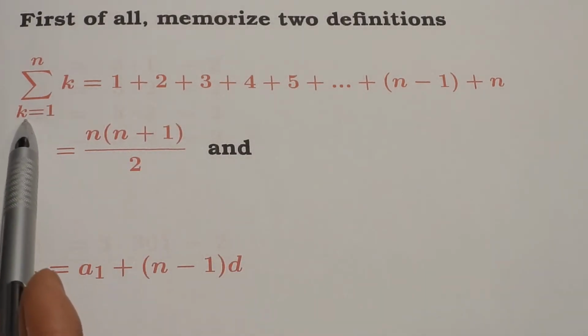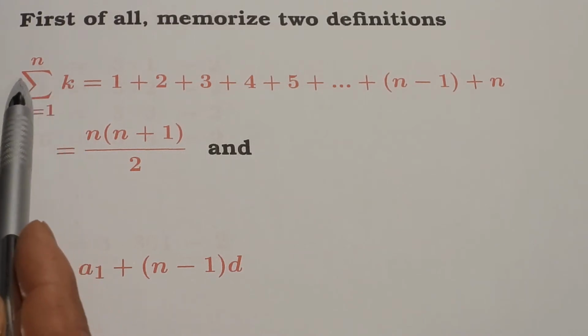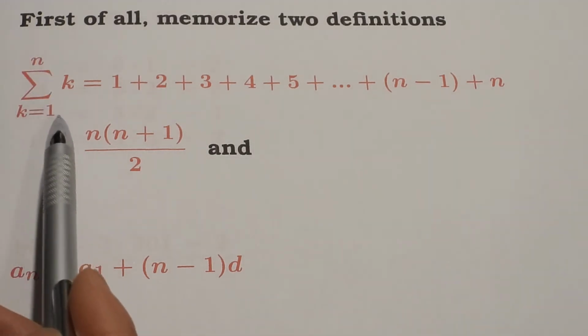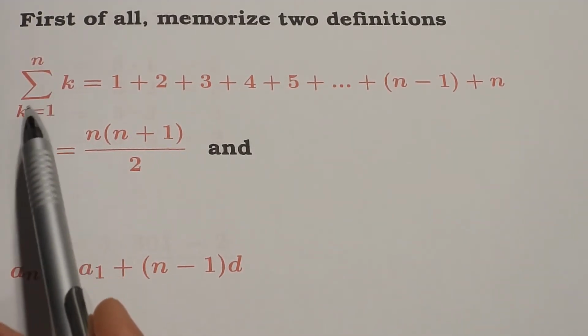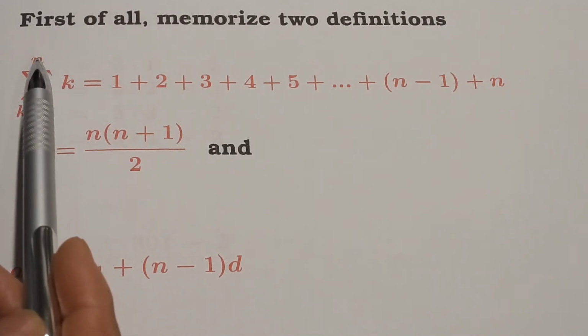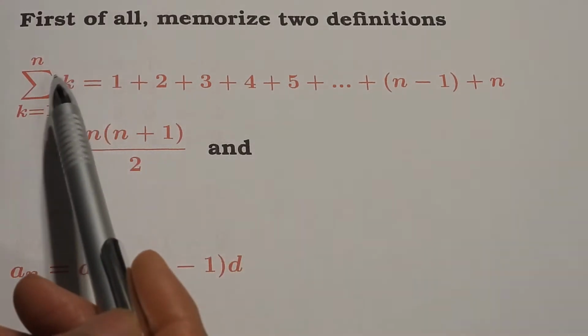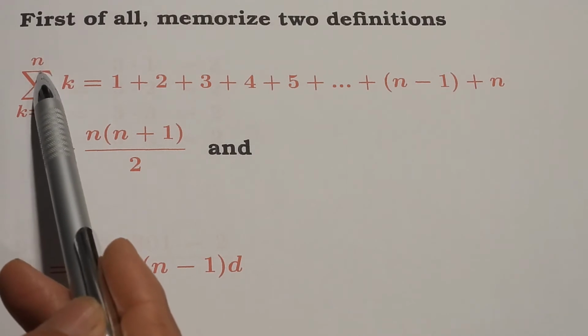Here, one definition, sigma k. I just say simply sigma k, and the full explanation of this one is the sum of k as the value of k goes from 1 through n, consecutively.